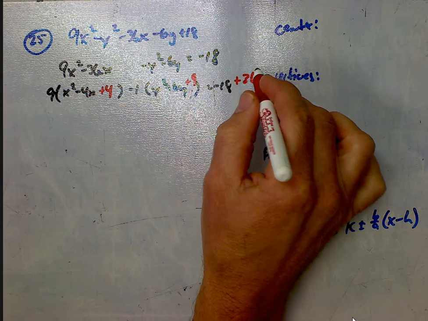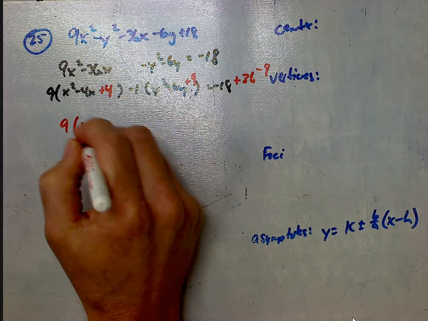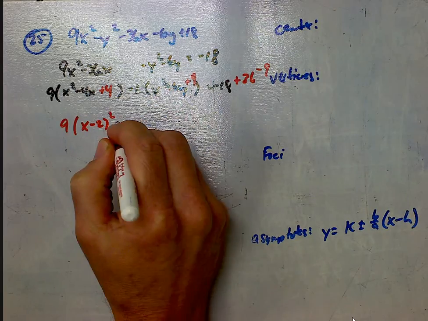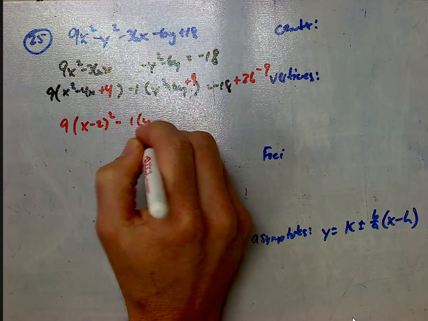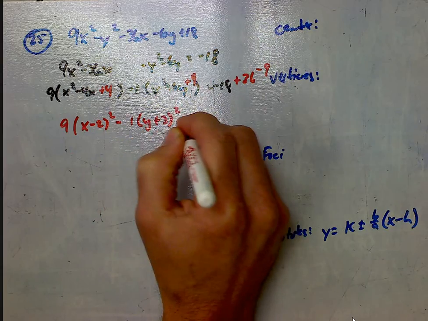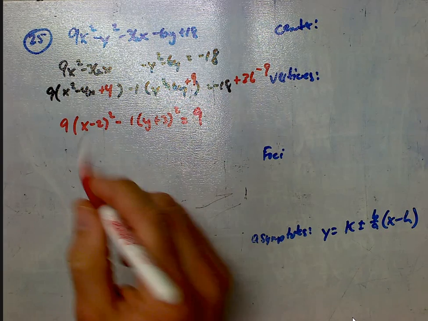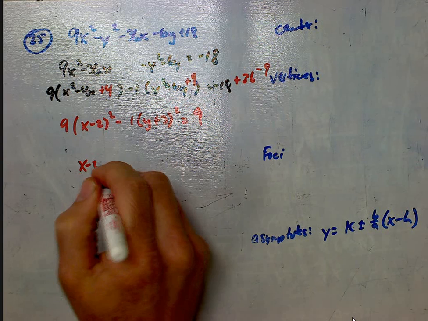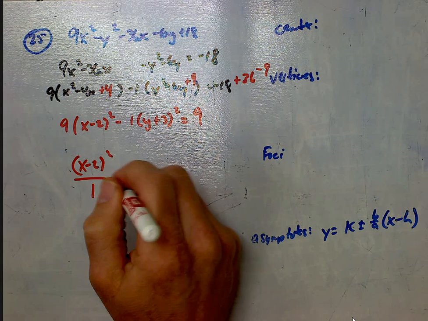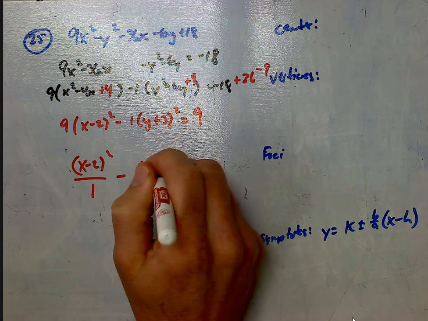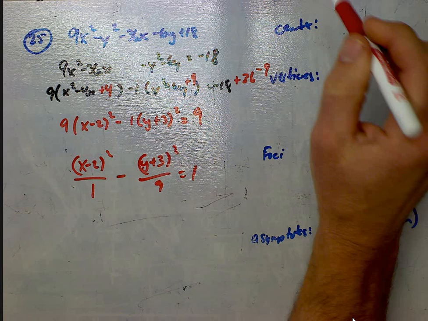And so I'm going to have 9 parenthesis x minus 2 quantity squared minus 1 times y plus 3 quantity squared equals 9. Divide everything by 9. X minus 2 quantity squared over 1 so it's in the right form, minus y plus 3 quantity squared over 9 equals 1. That makes the center 2 comma negative 3.